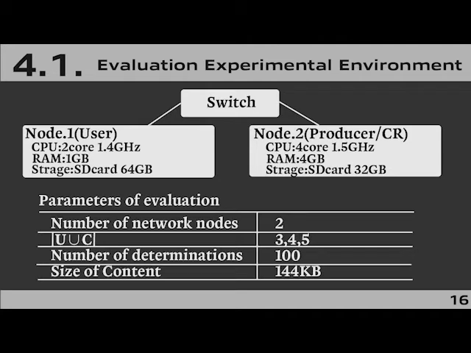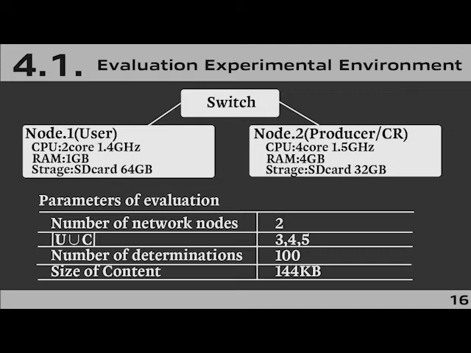The environment for the evaluation experiments is shown in the figure on the slide. The two nodes shown in the figure are wired together via a switch. Node 1 is treated as a user node, and node 2 is treated as a producer node and content router.